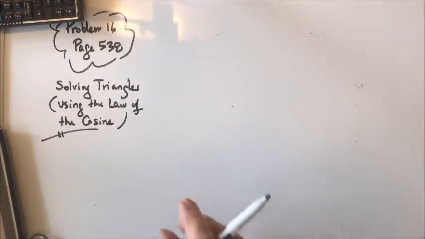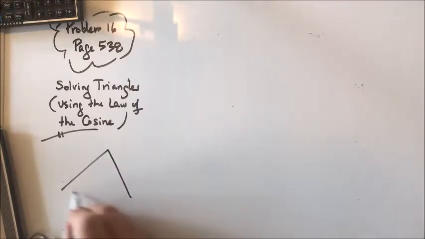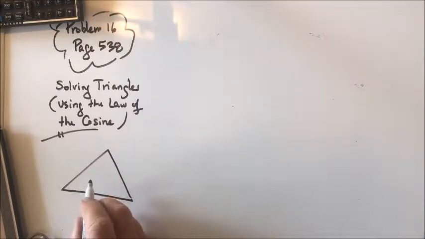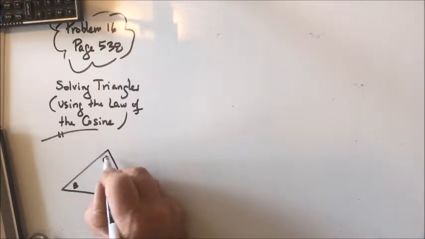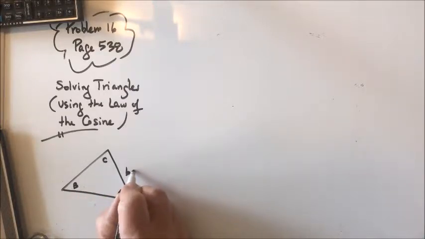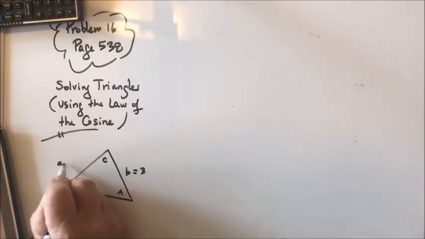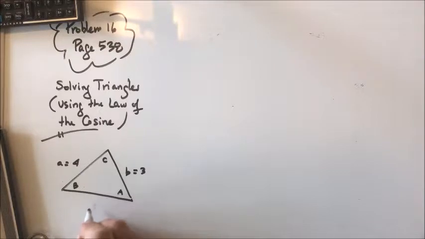Problem 16 says you're dealing with this triangle right here. It has some angles and some sides, and they tell you what the sides are. B is equal to 3, A is equal to 4, and C, it can't be 5 if it's not a right triangle.